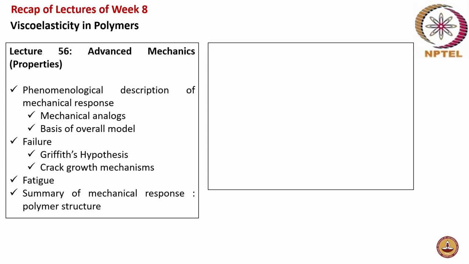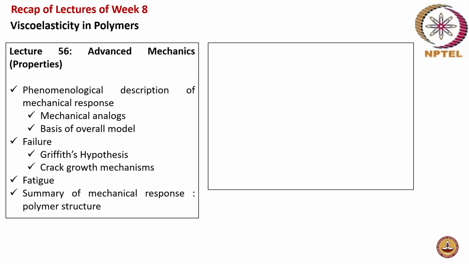Different mechanical analogs were discussed, and for a particular polymeric behavior, whether these analogs should be connected in series or in parallel, and how many springs and how many dashpots should be there, so that you could model the actual polymer behavior. So these aspects were discussed.